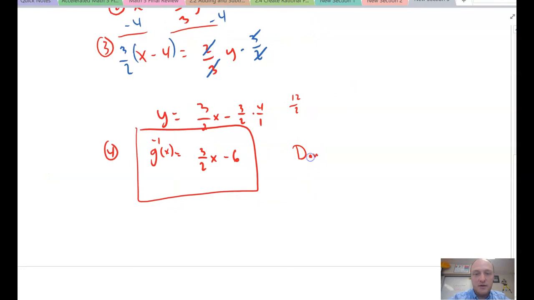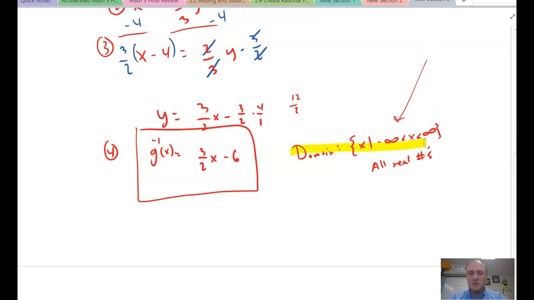The domain of our inverse is going to be the x values such that negative infinity is less than x, which is less than positive infinity. Another way of saying this is all real numbers. The problem wants it in set notation, so yes, you have to do it this way, but it's the same thing as all real numbers.